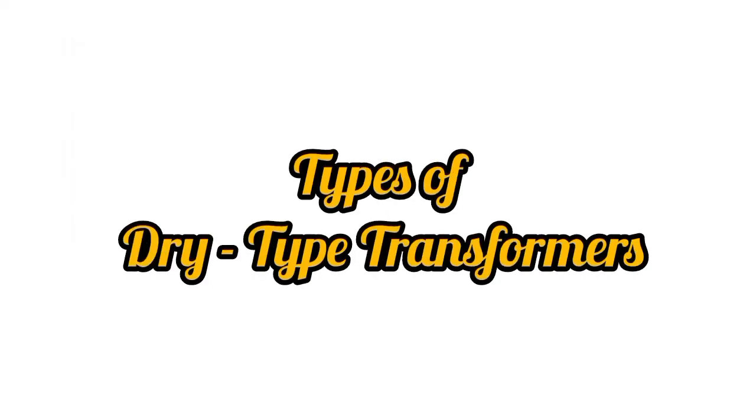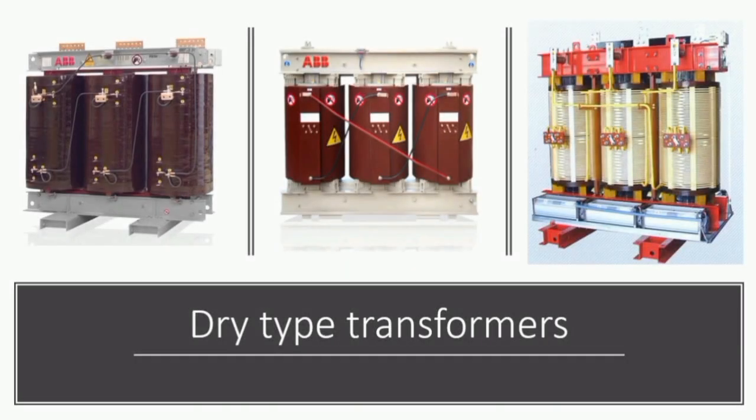Types of dry-type transformers. One common type of dry-type transformer is the cast resin transformer. In this design, the windings are completely encapsulated in epoxy resin, providing excellent protection against moisture, dust, chemicals, and environmental contaminants.